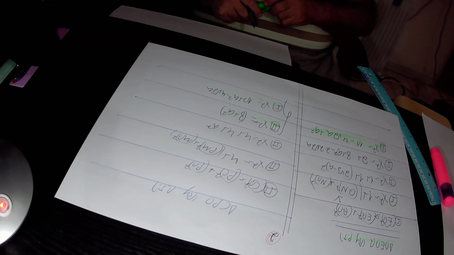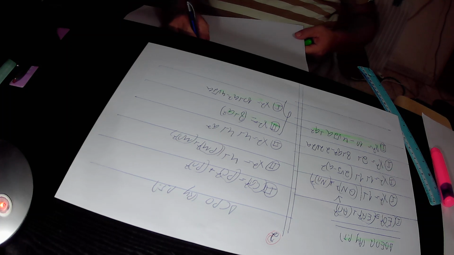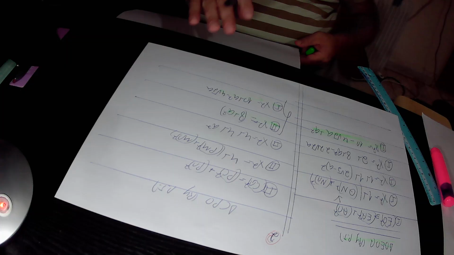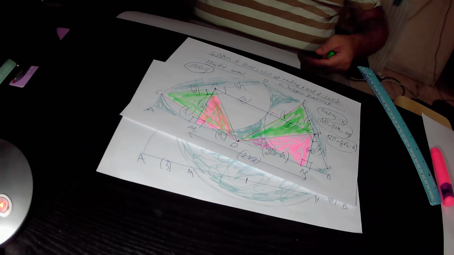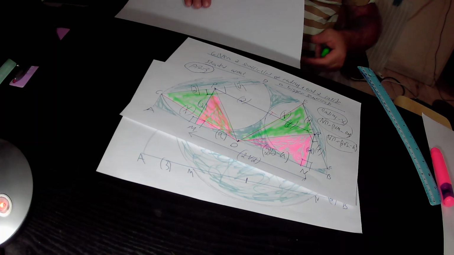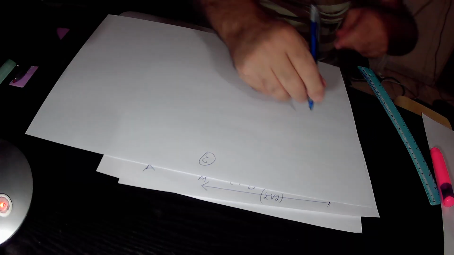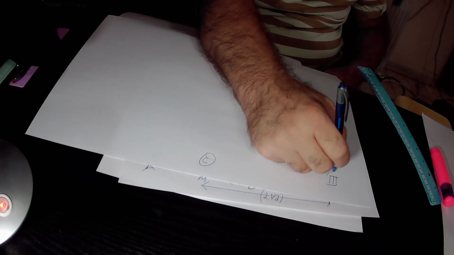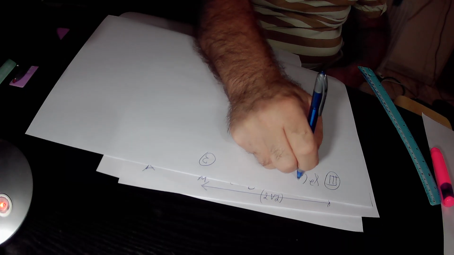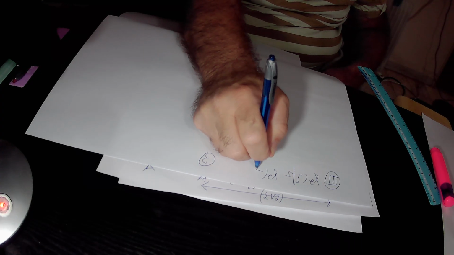Therefore, we get equation 3, which states that X squared according to equation 1 must be equal to X squared according to equation 2.